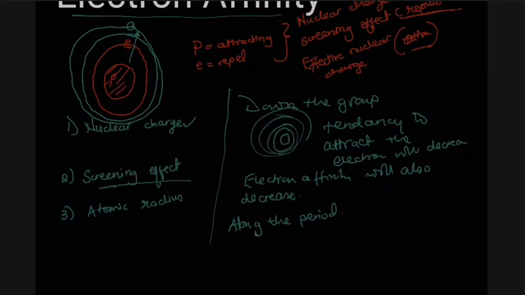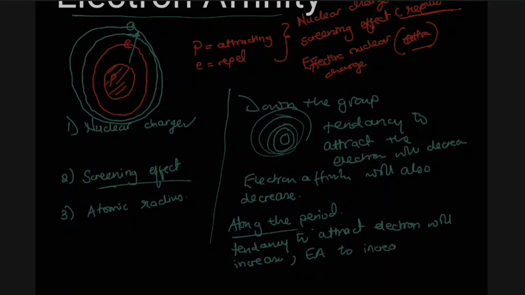Therefore, along the period, the tendency to attract electron will increase. And what will this cause? The EA, or the electron affinity, to increase, and therefore it will become more and more exothermic as it goes along the period.